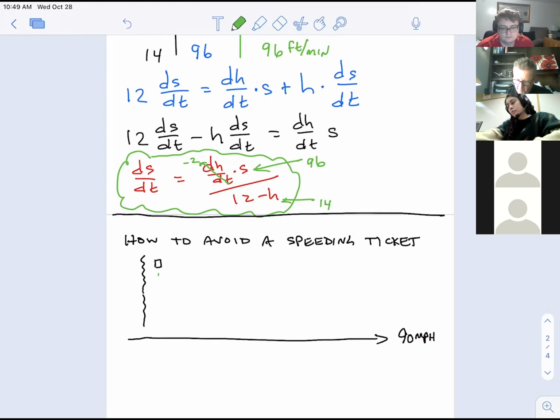You come out from behind the bushes right here. You're here, and notice that's at 90 degrees right now. So you're at the green dot, and the cop has the radar gun pointed at you. I want you to think about this carefully. The cop has the gun pointed right at you, right when you come from behind the bush, and he pulls the trigger on the speed gun. What does the gun read?